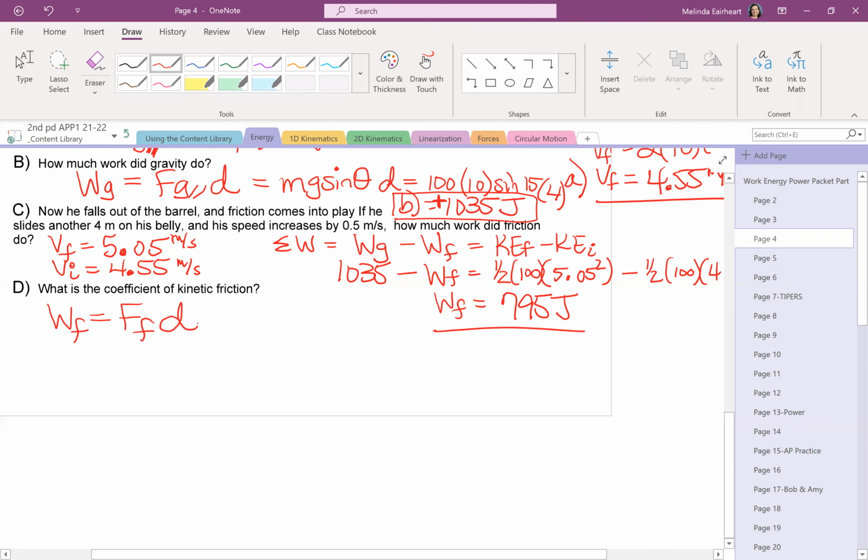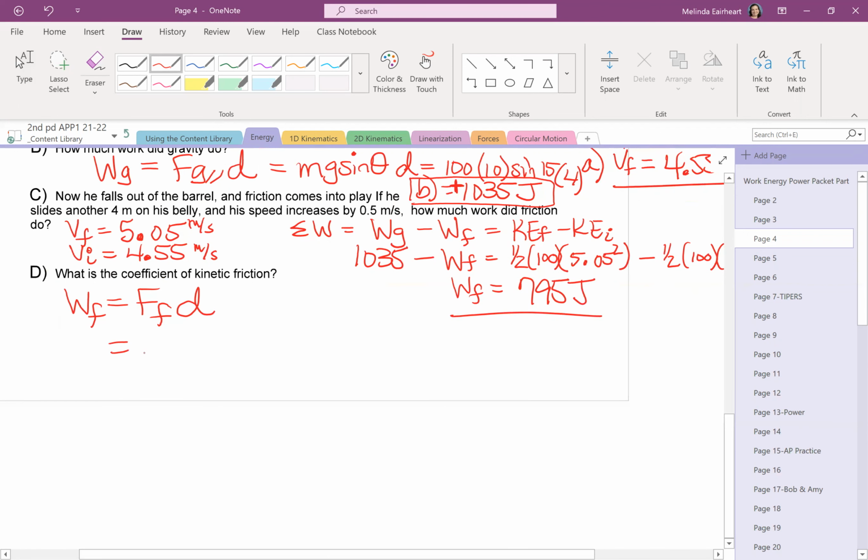And we can plug in what for the frictional force? Mu Fn. Hey, have we found Fn yet? No. And so be careful here. Is it equal to the weight? Half the students will just say, oh, 500, or 1,000, it's equal to the weight. On a ramp, you can go back up and look at the diagram.